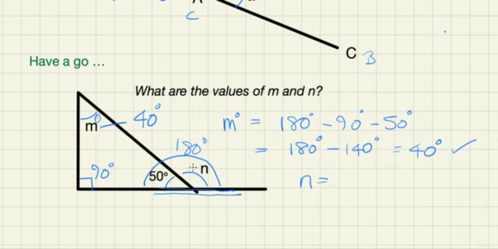So in order to find out what n is, we need to take away 50 from it. So it's 180 degrees minus 50 degrees, and that equals 130 degrees. So n equals 130. And I hope you got that right.